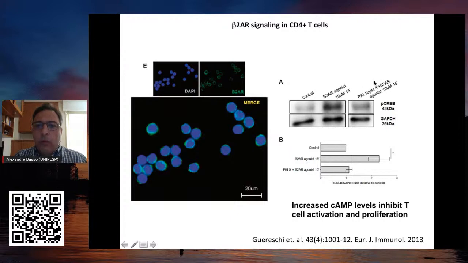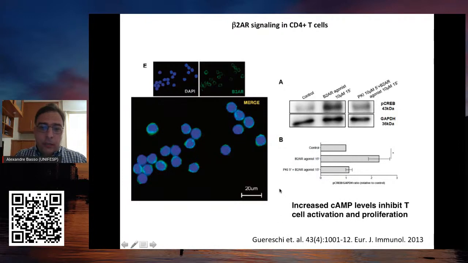So when we block PKA using this peptide here, we found a decrease in CREB phosphorylation upon treatment of these cells with beta-2AR agonist.